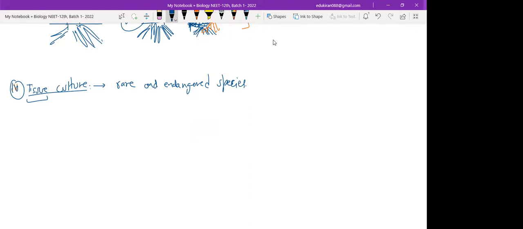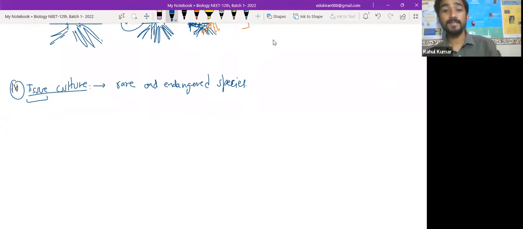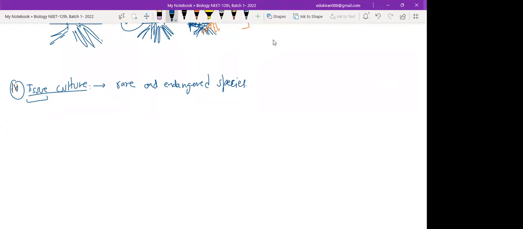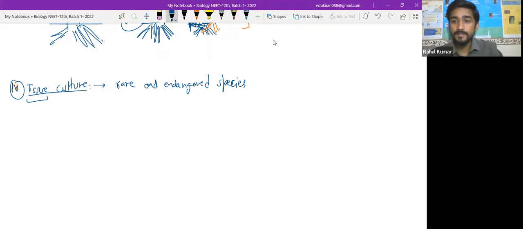Layering is not a form of fragmentation, right. But layering is regeneration. You are regenerating roots from a point where they should not have been. So fragmentation is not there, of course, but you are regenerating certain organs or structures which were not present there, but now they are present there. Correct?